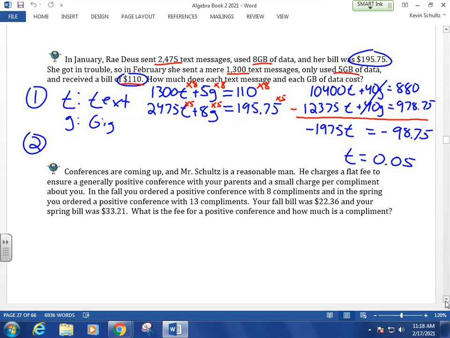How do we solve for G? We have a value for T. How do we get G, Juliana? You plug in 0.05 for T and solve it. Yeah, we take that 0.05, we plug it in for T in one of the equations, and we solve for G. How many options do we have here for equations that we could use?